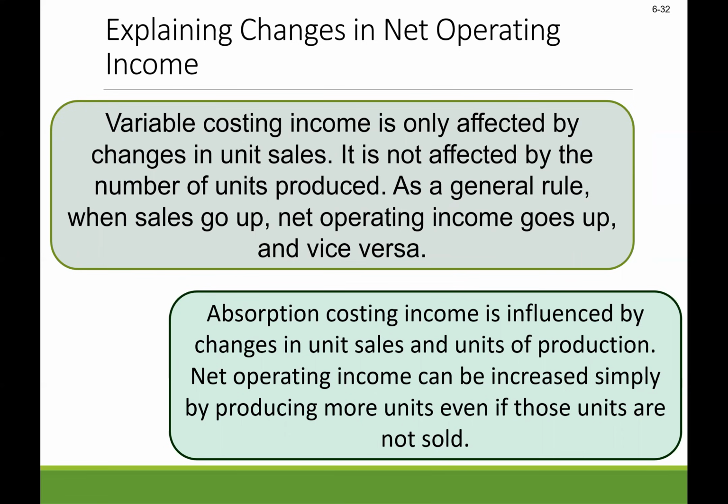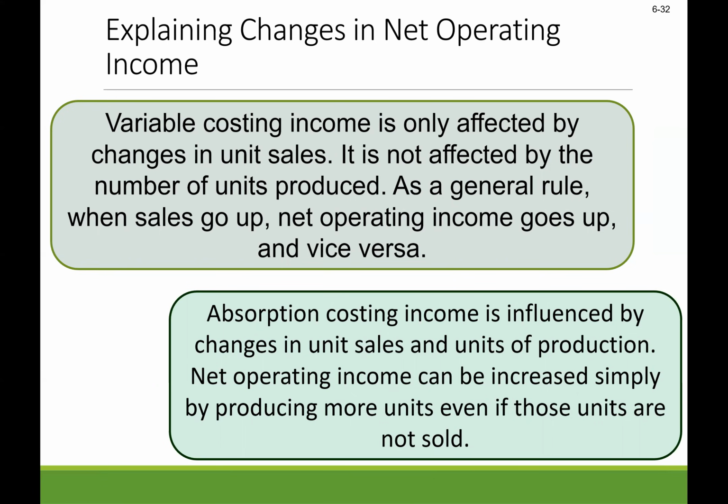Variable costing income is only affected by changes in unit sales. It is not affected by the number of units produced. As a general rule, when sales go up, net operating income goes up, and vice versa.